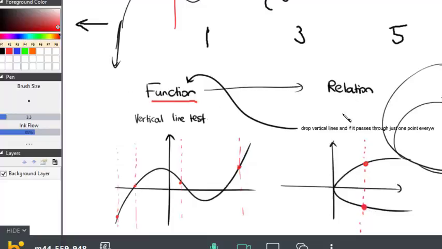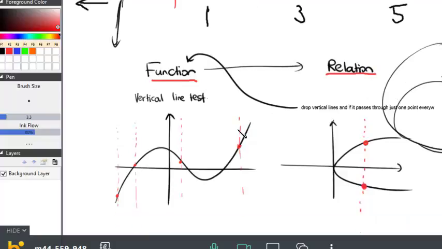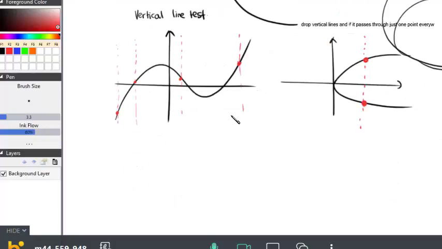That's how you tell the difference between functions and relations. That's just a brief introduction, and we're going to see many functions and relations today. We're going to see linear function, quadratic function, cubic function, quartic function, circle, hyperbola, etc.